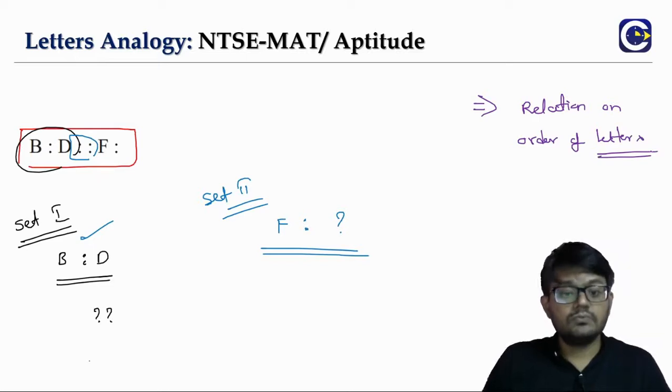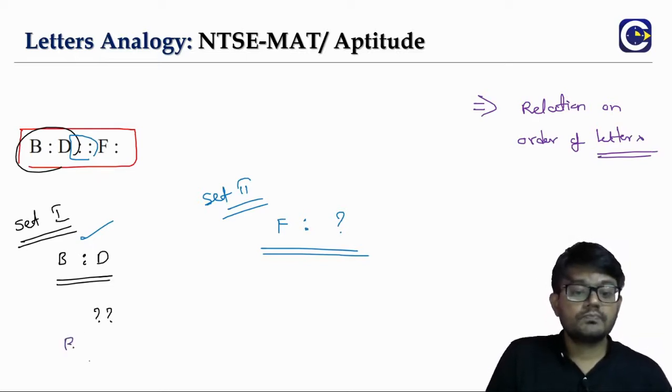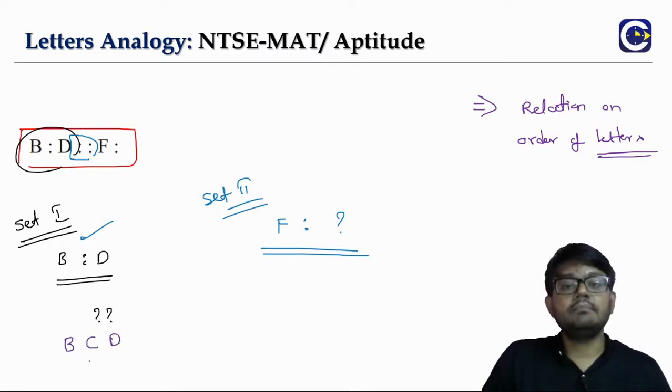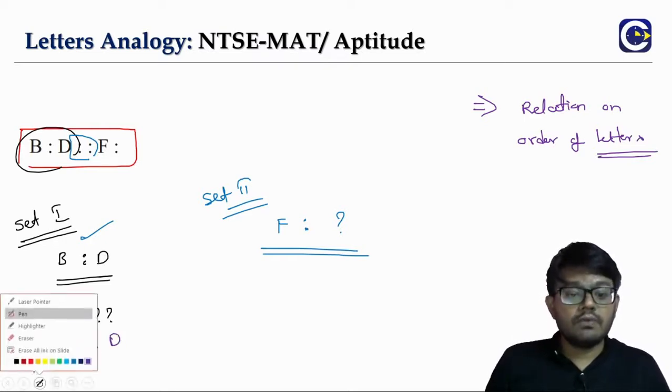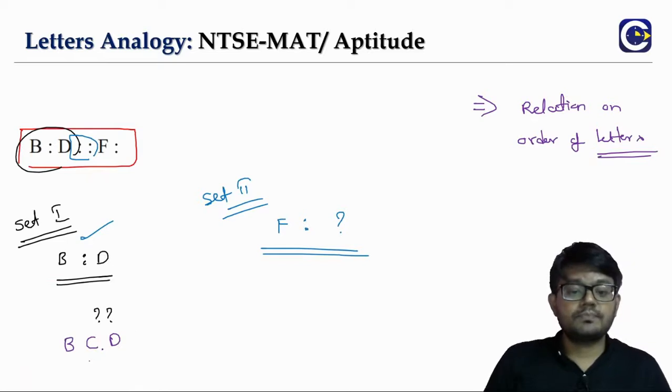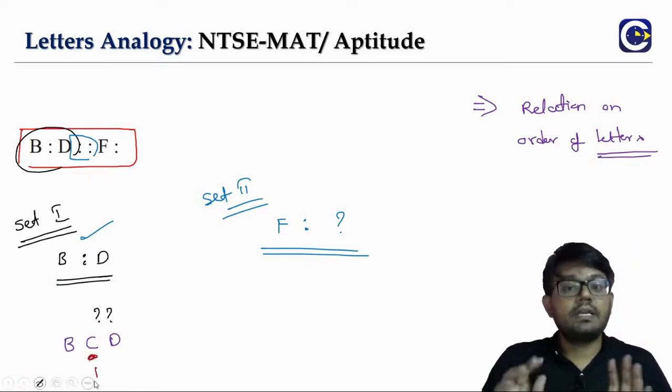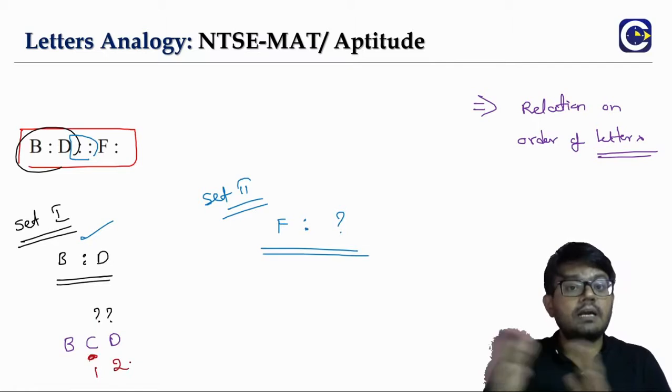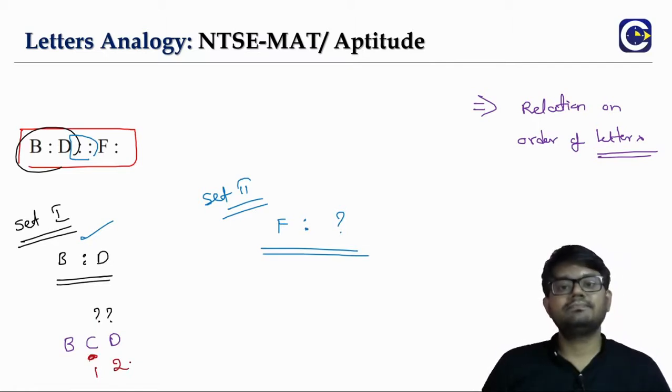Meaning what? I'll tell you. B, after B what will come? C, then D. Meaning we are leaving one letter gap. The second letter that comes after B is what we take.